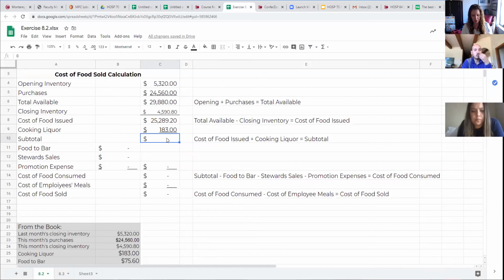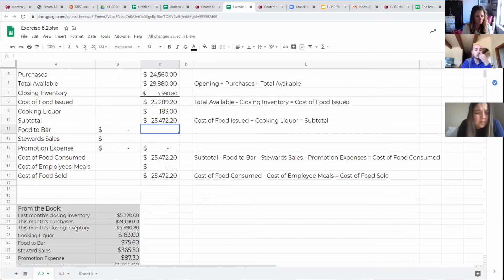So we're going to do equals 25,000 plus the 183. Now this is how much food we've used. Now the food to the bar. We sent 75.6 on the next cell.